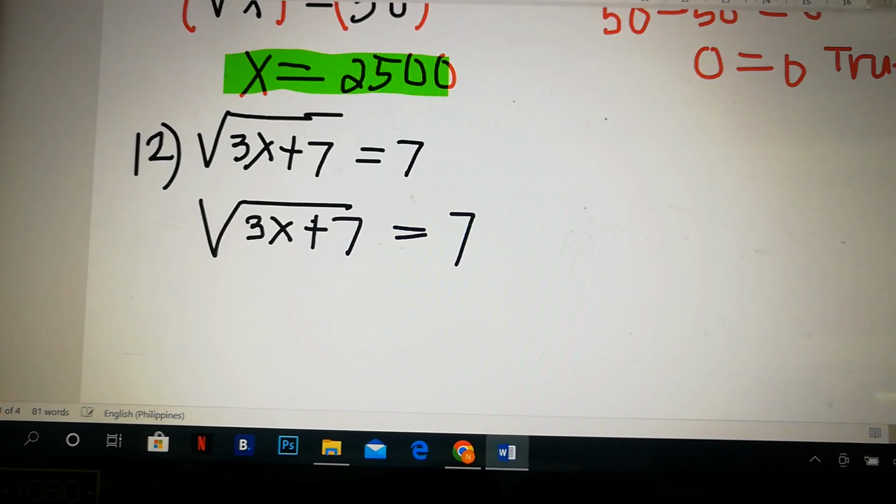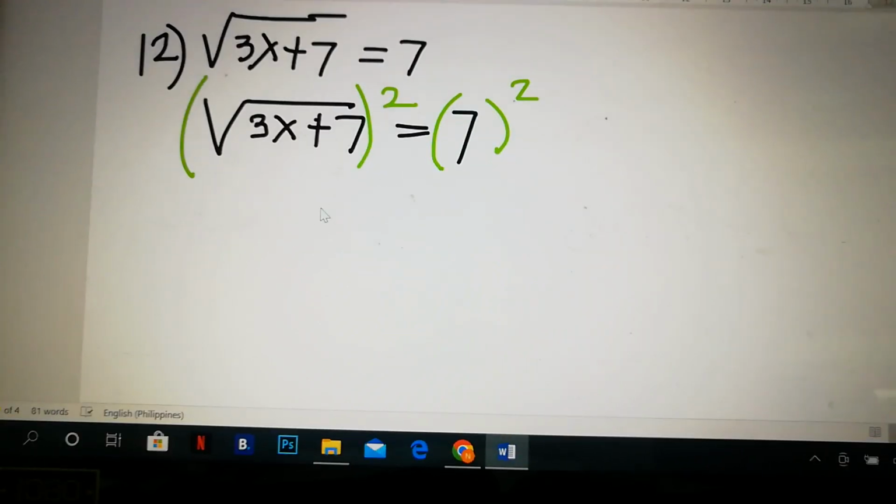Square the left side to remove the radical, and also square the right side. Since the index here is 2, you just cancel the index and the exponent. So your answer there is only the radical.